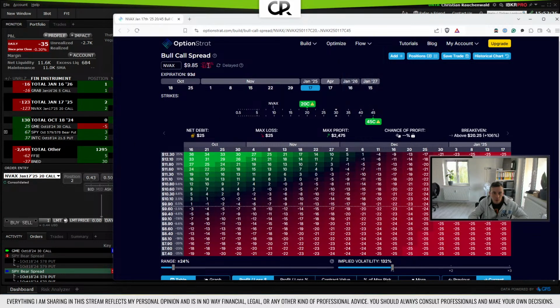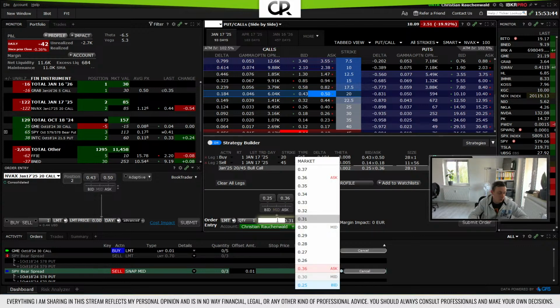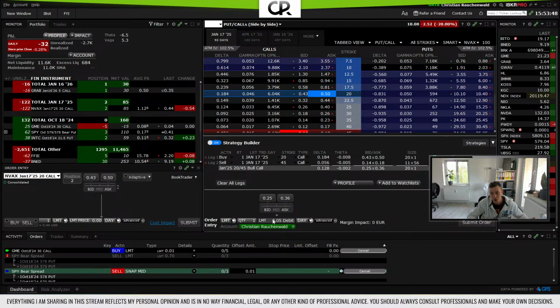At 749 that trade would be almost zero, so it would be $25 premium, and then minus 20. Where right now it's $30, we make the trade, but we say we're only willing to pay $5 for it.